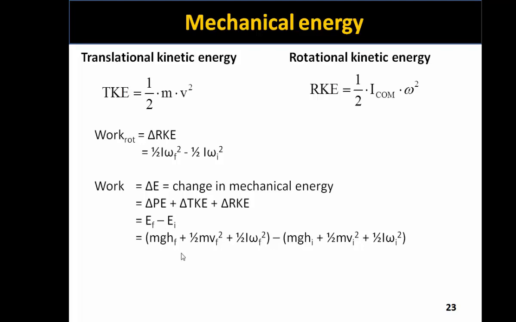So all these terms are algebraically added, although the variables are different in each of these three equations. They will yield the same units of energy, which is joules. And we subtract the quantity, the algebraic summation of the three similar energy terms computed at the initial state of the object.